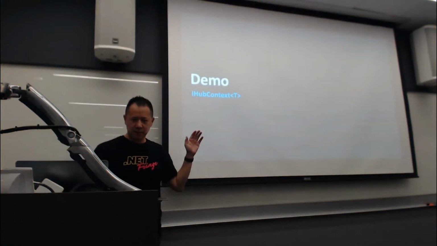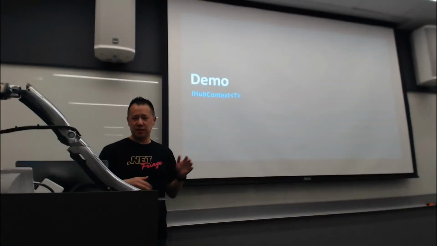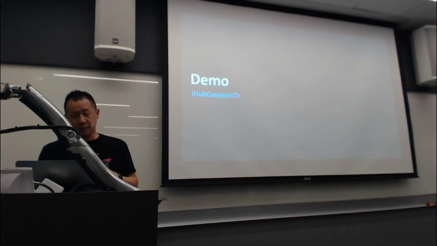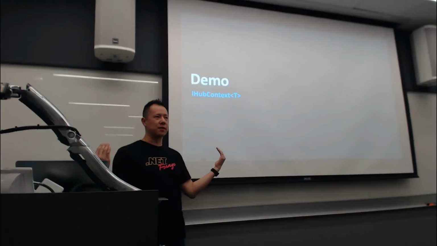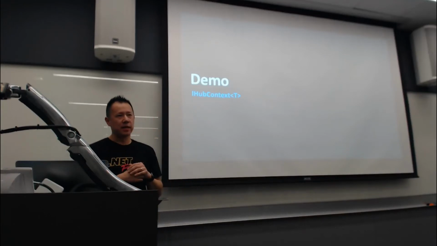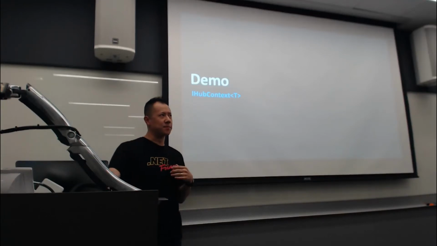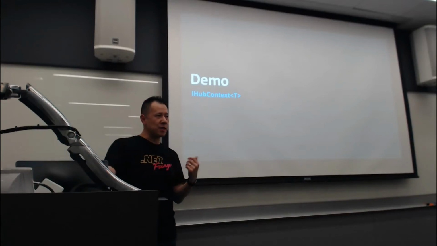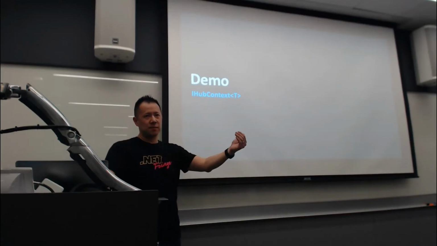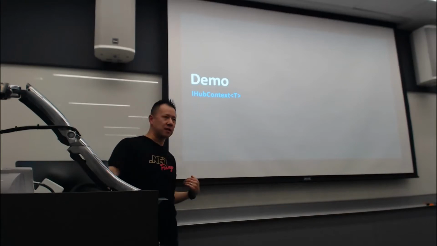I'm actually not gonna demo this because it might take a little while. But so far, what we've seen is basically everything talking through the hub, right? So in order for a message to be sent, you need to talk to the hub. So right now, it's a client talking to the hub, and then the hub talking back to the client.